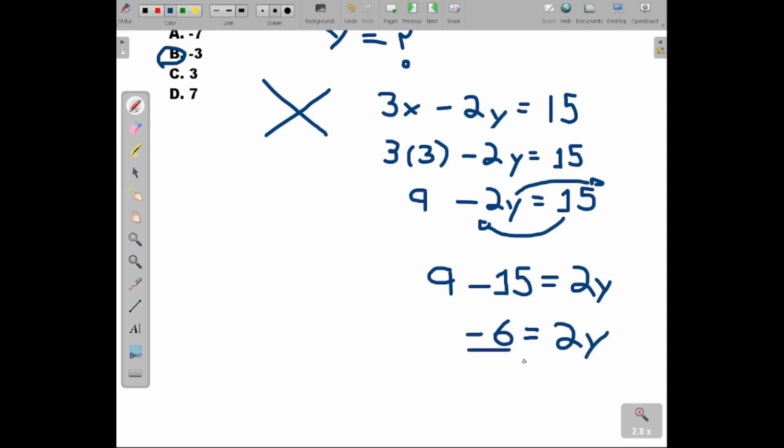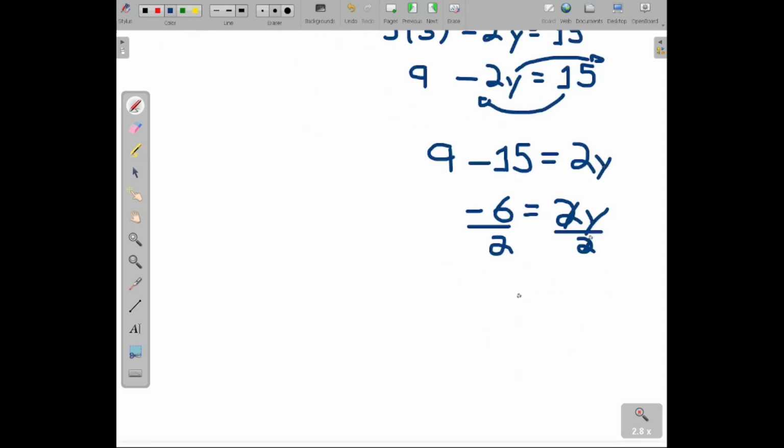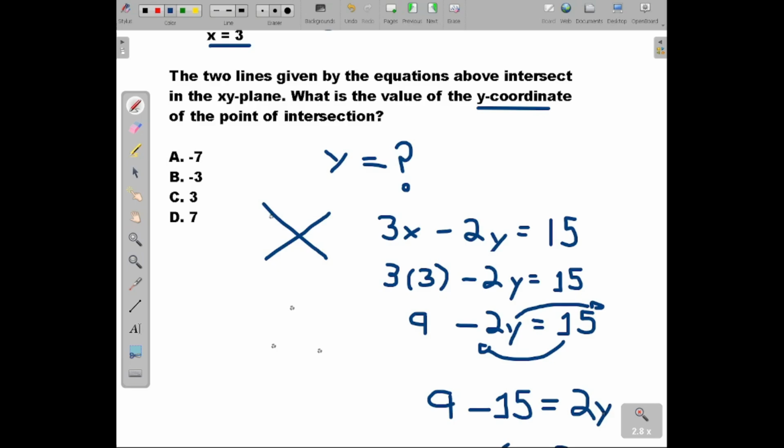Now we divide the equation by 2. 2 divided by 2 is 1, so y is equal to negative 6 divided by 2, which is negative 3. So the right answer is B. The y coordinate of the point of intersection is negative 3.